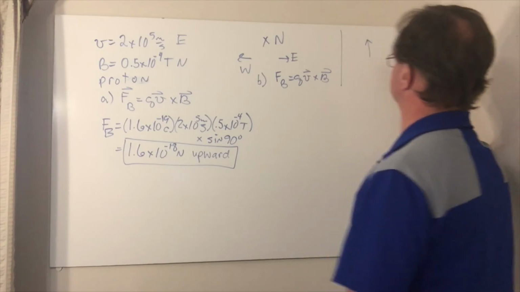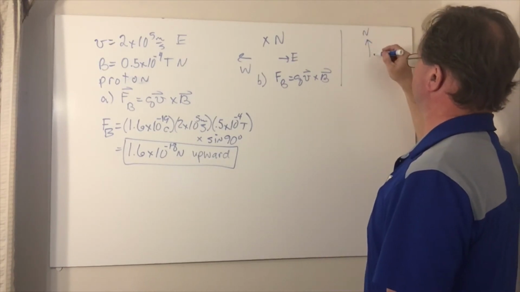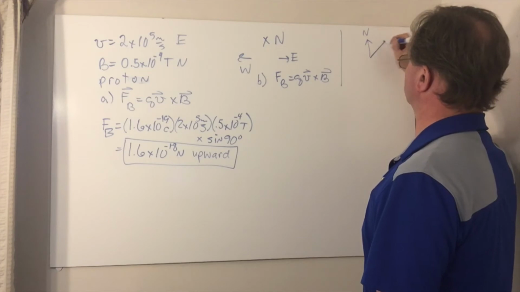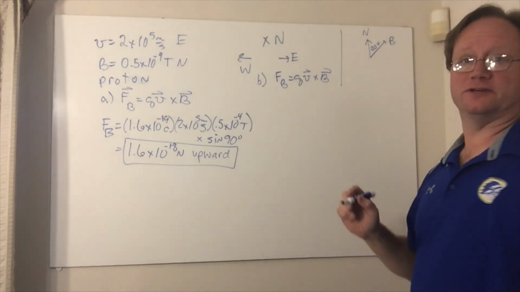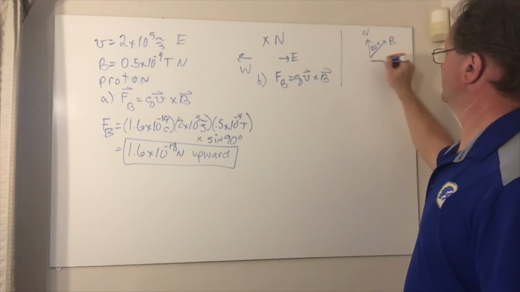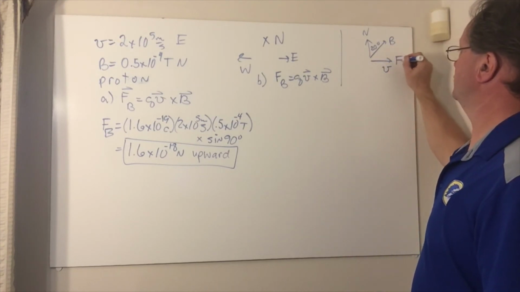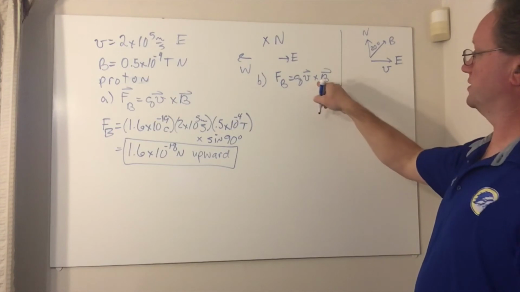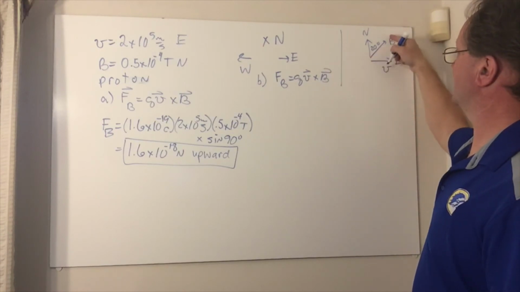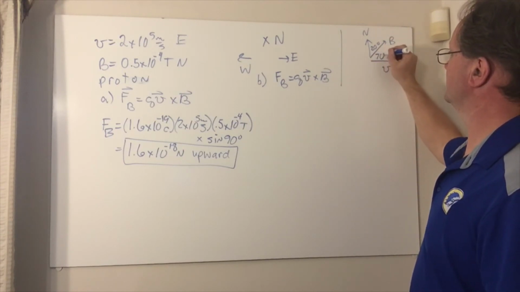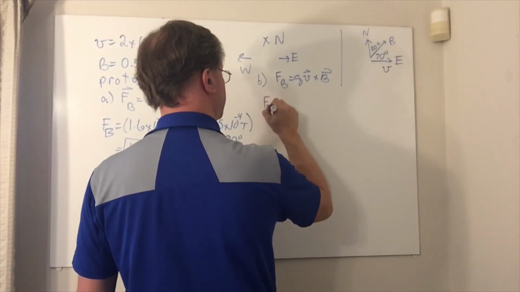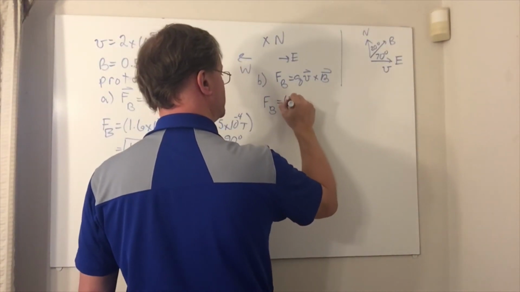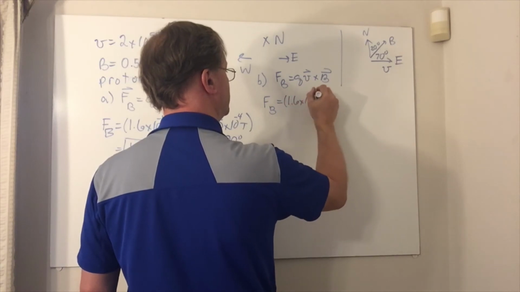If I let that be north, then 20 degrees east of north would be right there. And so my magnetic field is here. My velocity is in the east direction, so the angle between V and B would be 70 degrees.